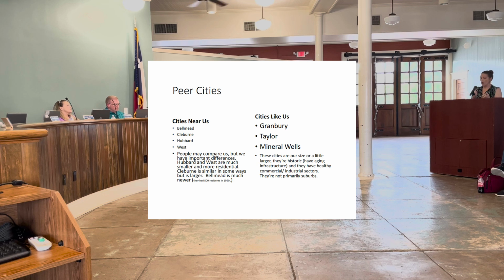Some of those cities are Granbury, Mineral Wells, and Taylor. Those are cities that have similar population and they're old, right? Hopefully they're taking care of business, but they're old. They're dealing with the same problems that we're dealing with.